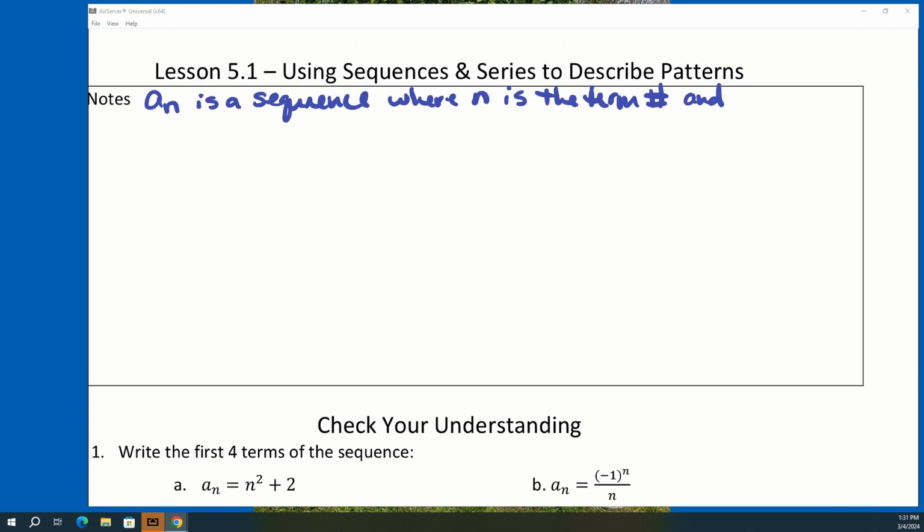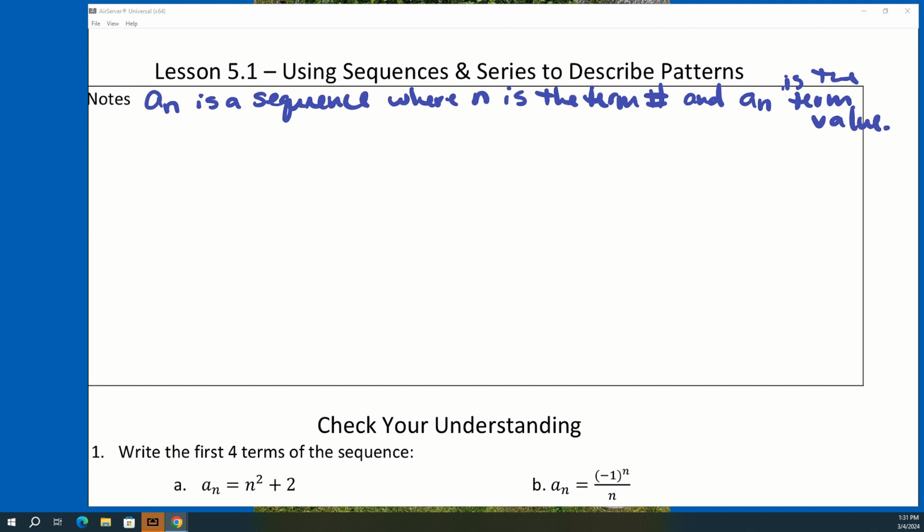And A sub n is the term value. So A sub n is kind of like f of x. f of x we use when we are representing a function. We put numbers in for x. A sub n is kind of like a function for a sequence where you put numbers in for n.